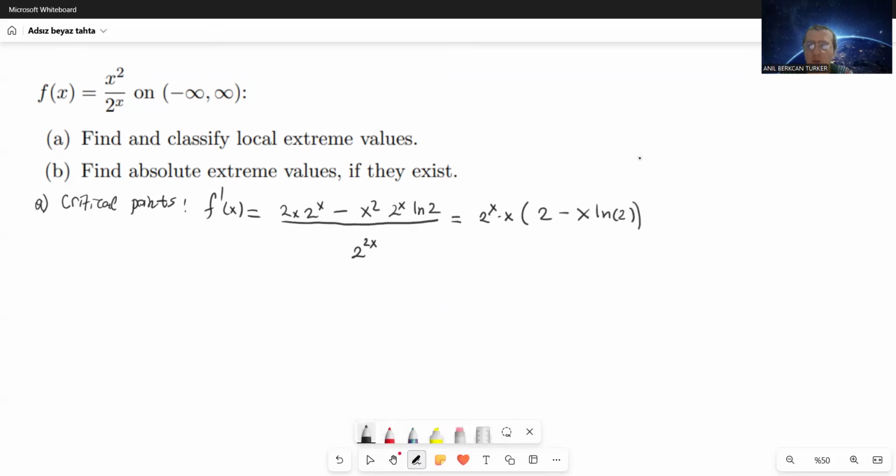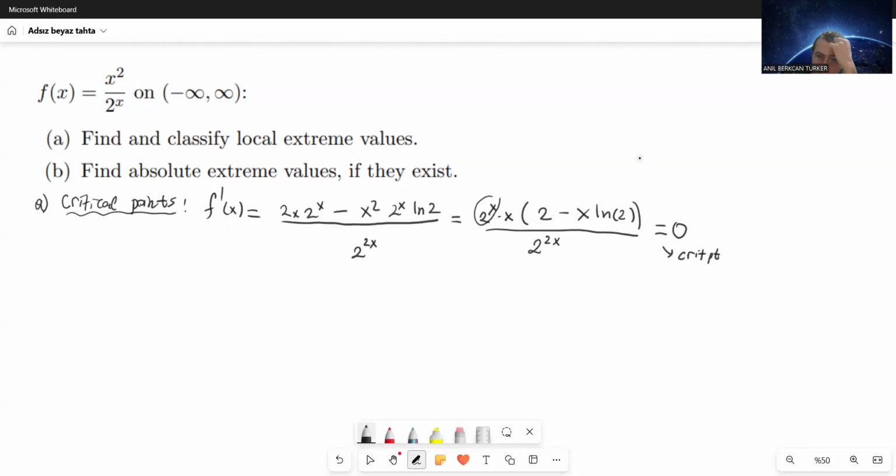Over 2 to the power 2x. Okay, let us look at the zeros. Let's equate to zero to be able to find critical points. What are the zeros?